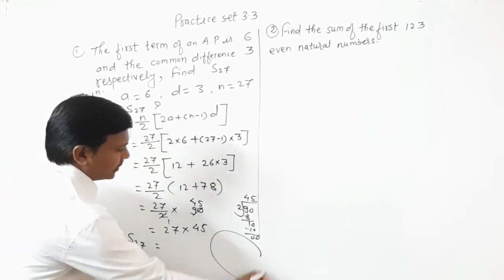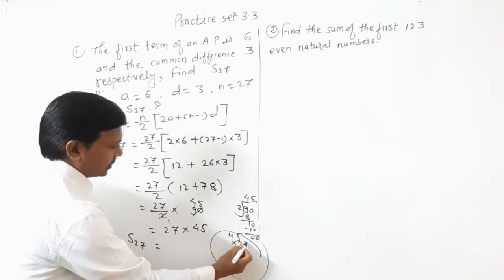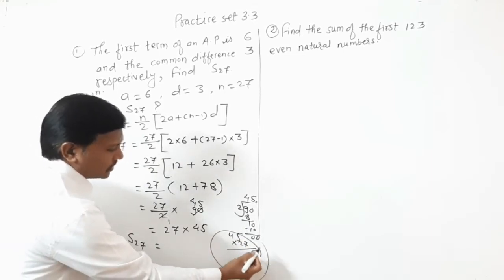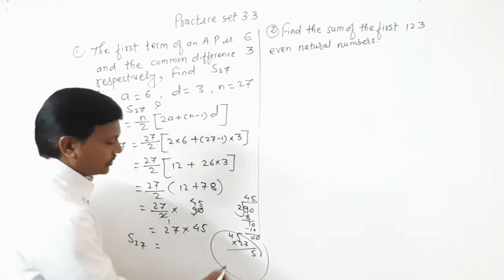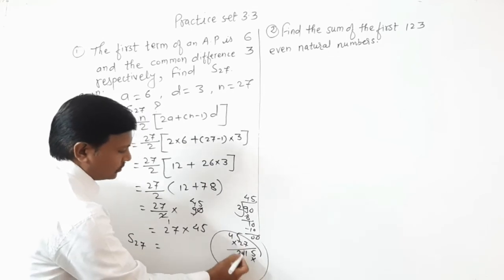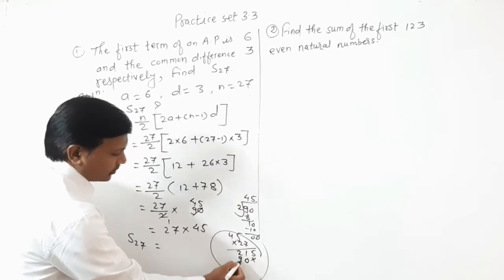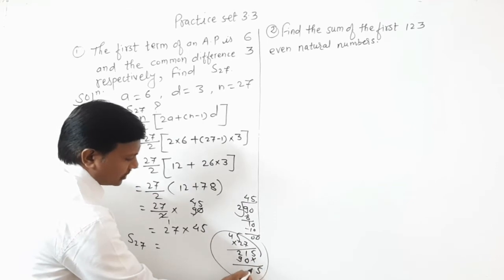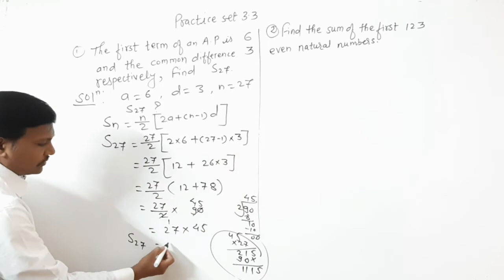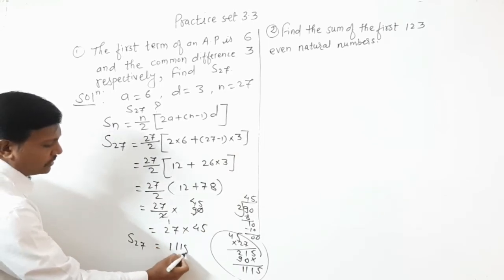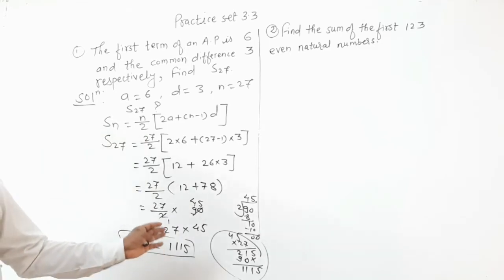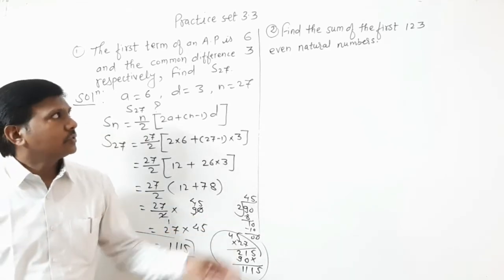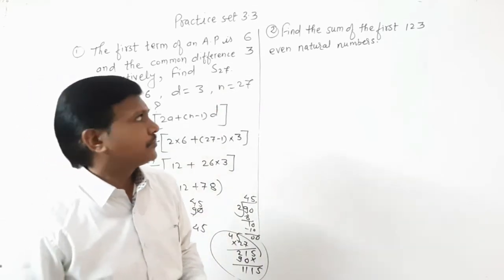Say 45 into 27: 7 fives are 35, 7 fours are 28 plus 3 is 31, and then 2 fives are 10, 8 plus 1 is 9, so 5, and then 1, and 9 plus 2 is 11. So the answer is 1215. So s27 is 1215.